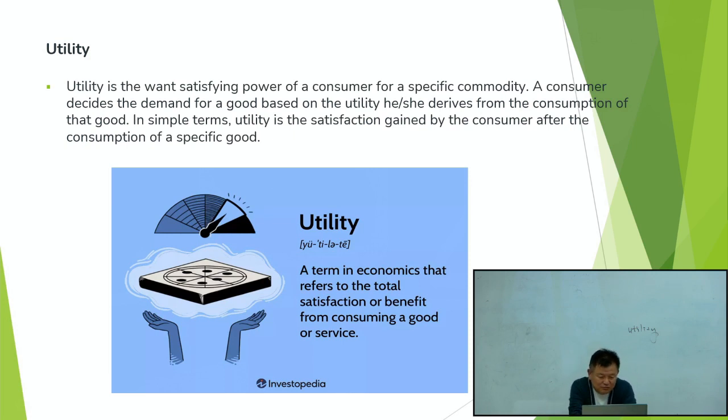But how can we calculate and compare it? At this time we use the utility concept.